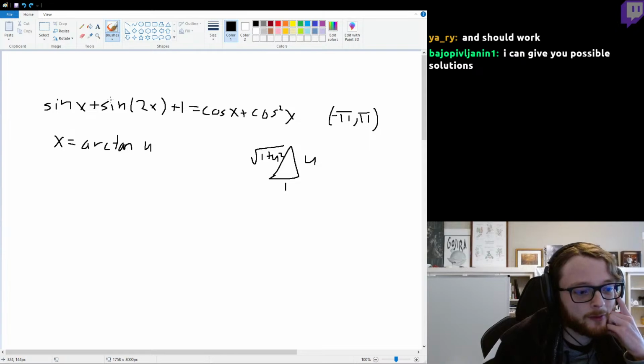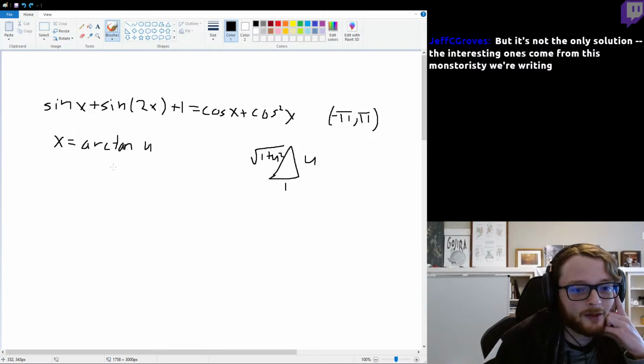Oh yeah, that'll be for the sum, right? This comes from this monstrosity. Wait, sine is opposite over hypotenuse? Okay, yeah.